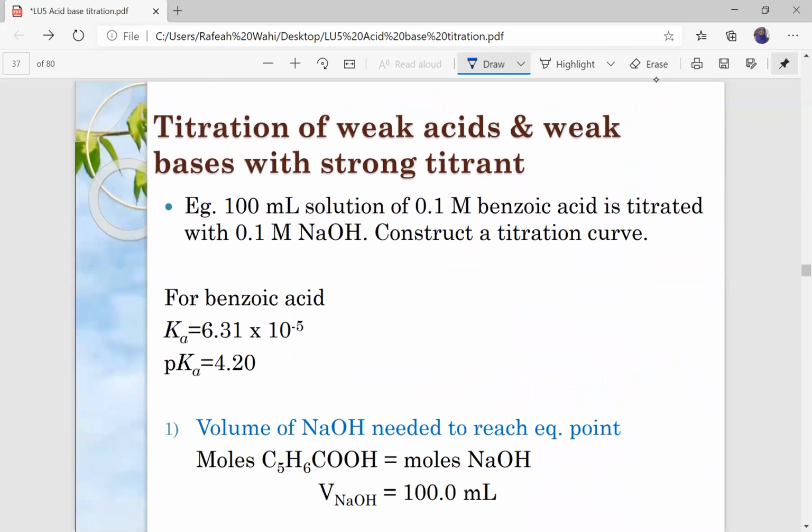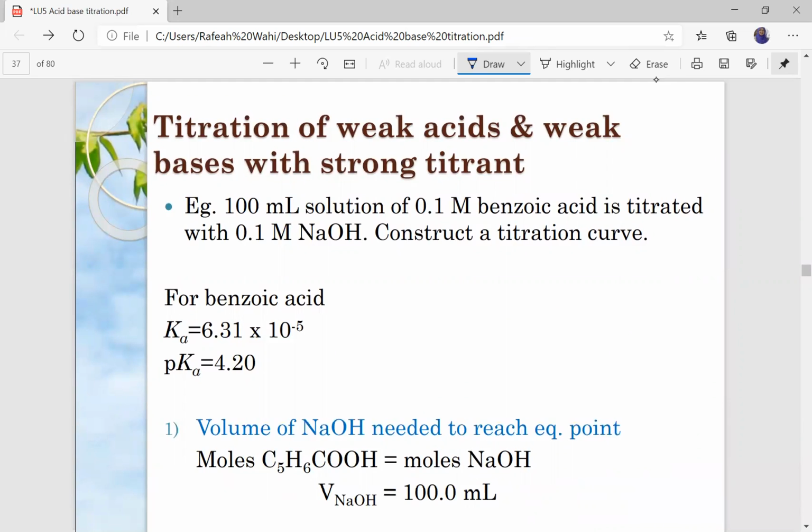All right, let's take a look at this example. Let's say you have a titration of a 100 ml solution of benzoic acid titrated with 0.1 molar NaOH. The question is asking you to construct a titration curve. First of all, if you get any question on titration, you have to first identify which case it is.